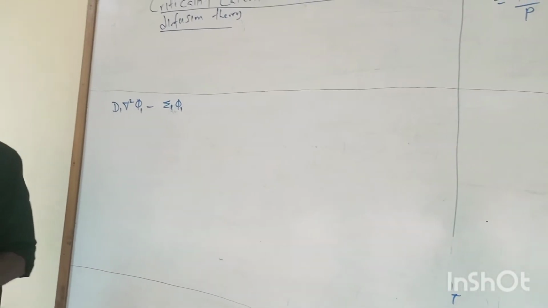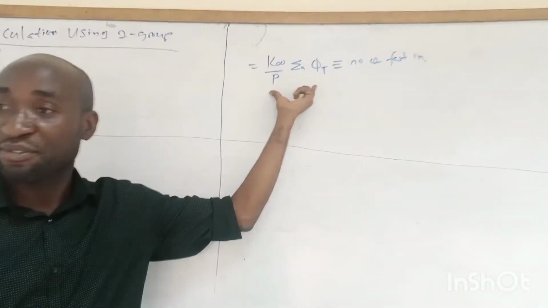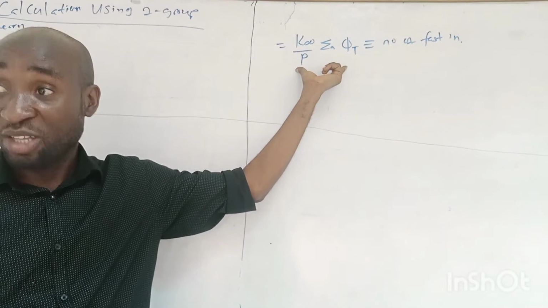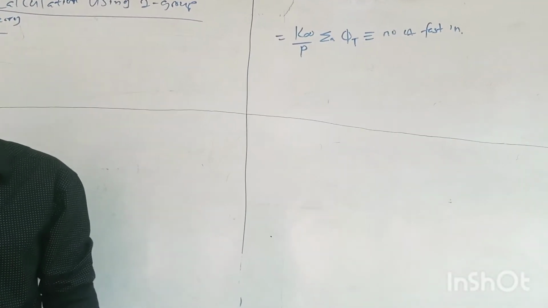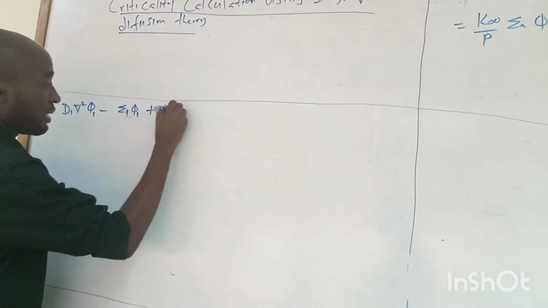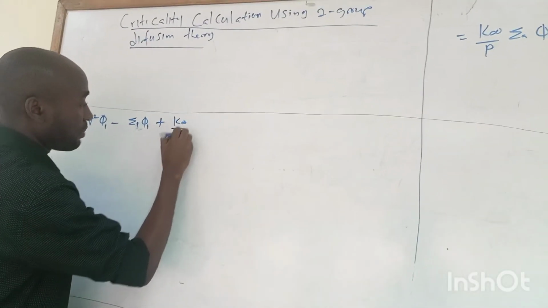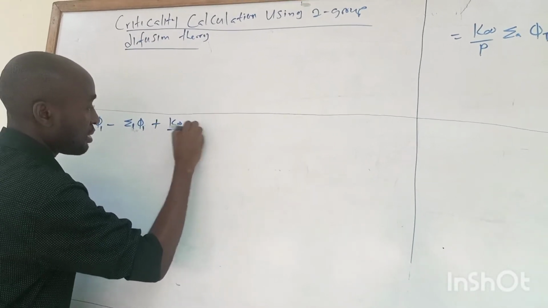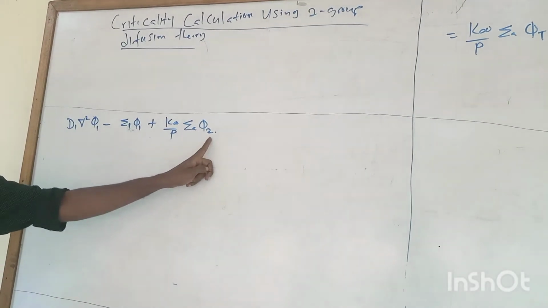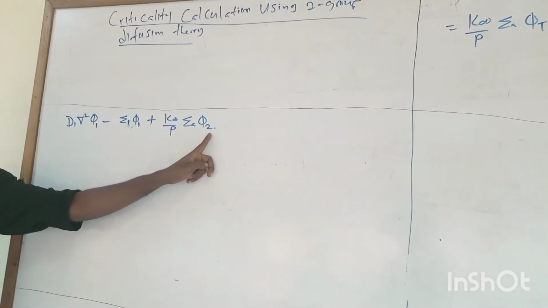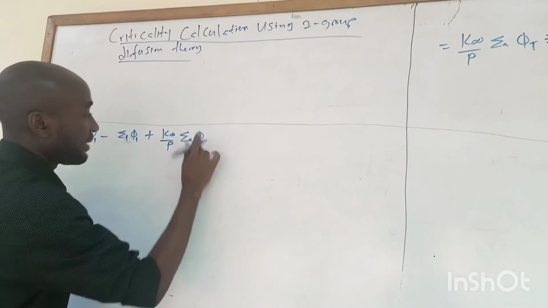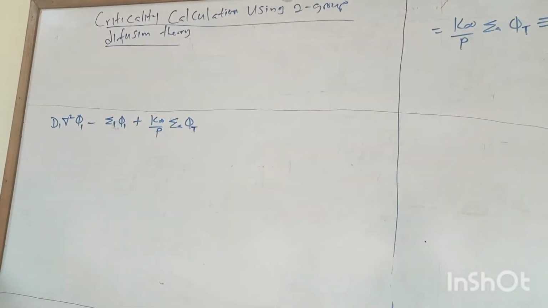The source that is producing neutrons is the number of fast neutrons, so plus K infinity over p Σa φ2. No, my φ2 is the thermal neutron, so let me just put it as φT, so you know that it's a thermal neutron.